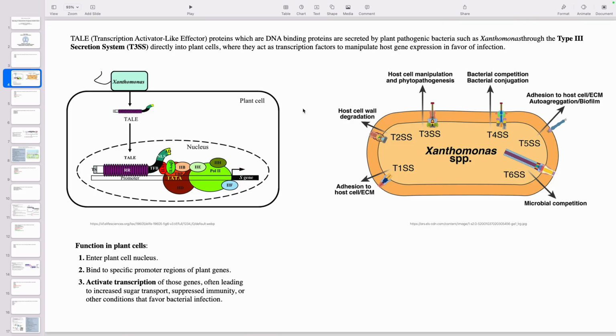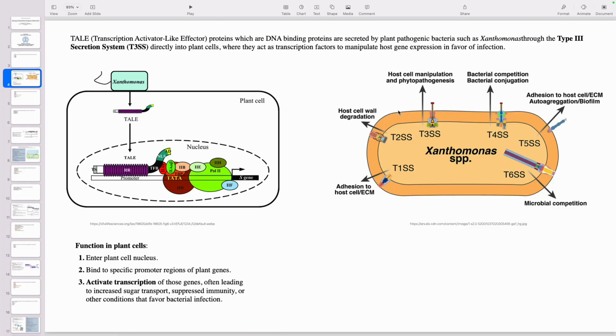They secrete such enzymes which lead to the host cell wall degradation. T3 secretion system does the host cell manipulation, as we have seen here as well. They go and bind to the promoter region and then control the transcription of a particular gene. So this is host cell manipulation and phytopathogenesis.